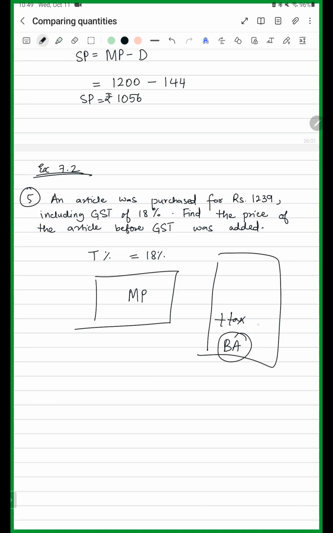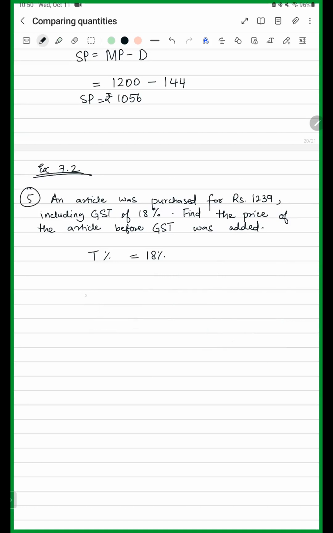So now you tell me, is this 1239 your marked price or your bill amount? Think carefully. It is the bill amount, because it is including GST, including the tax. Very good. So we have to find the price of the article before GST was added.